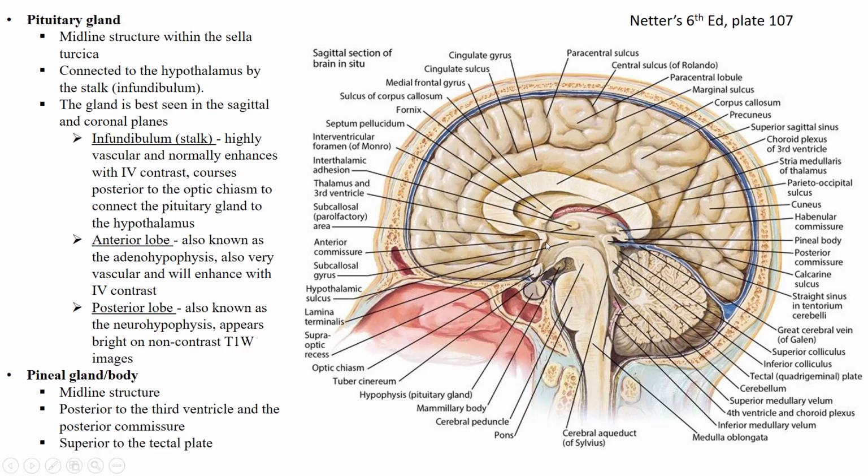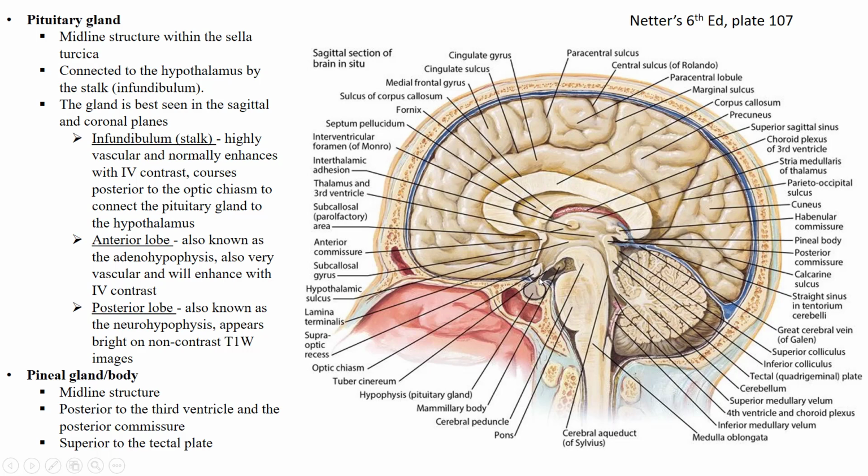And then also here is the hypothalamus region, so just inferior to the thalamus is the hypothalamus. You've got the optic chiasm just superior to the pituitary gland and the sella turcica. Here's the sella turcica, which is that little saddle of bone that the pituitary gland sits in and is protected by.